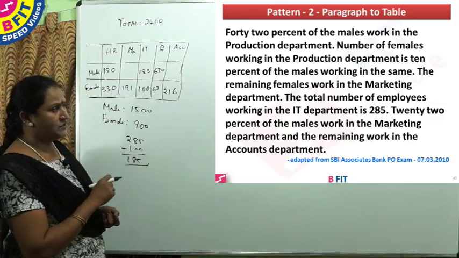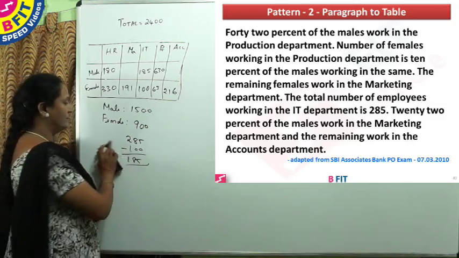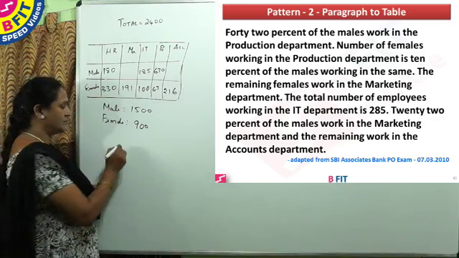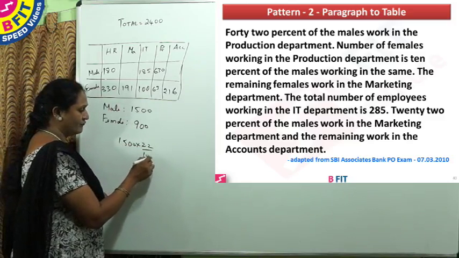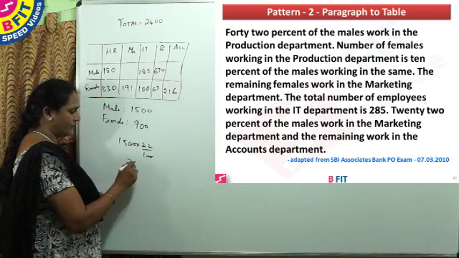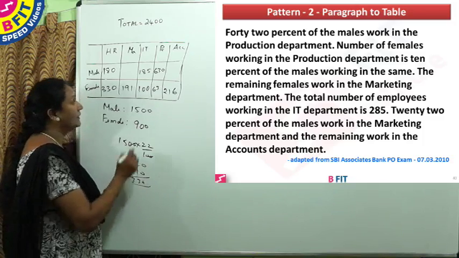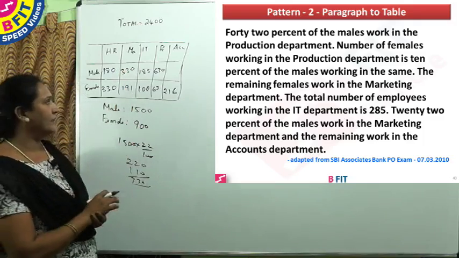And 22% of male work in marketing department. So for marketing, 22% of 1500. Again product with 15, 220 plus 110, it is 330. So 330 in marketing department.